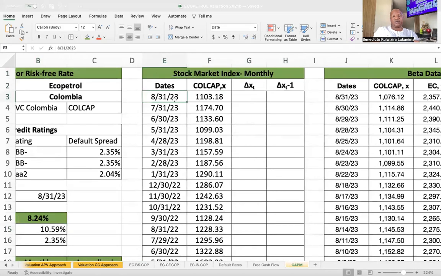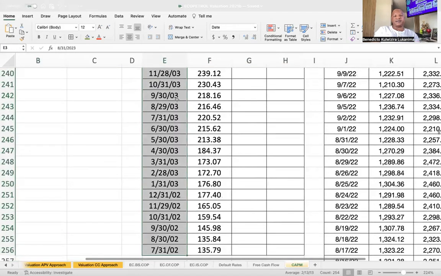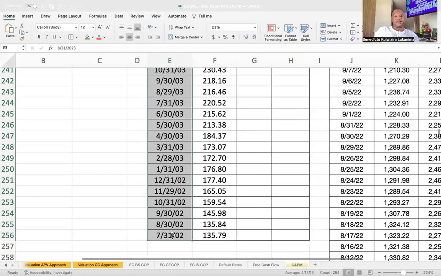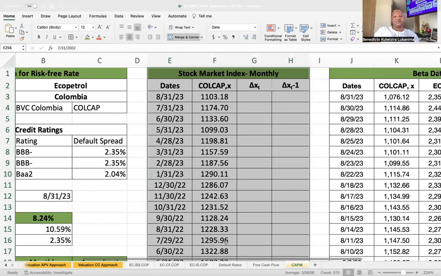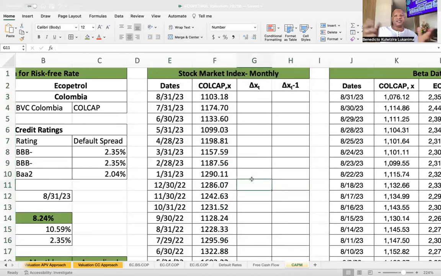It starts from the inception, that was July 31st, 2002. So it is the entire population. It's not just a sample. Some analysts choose a sample of 5, 10, or 20 years.